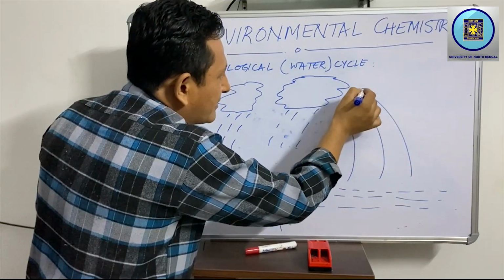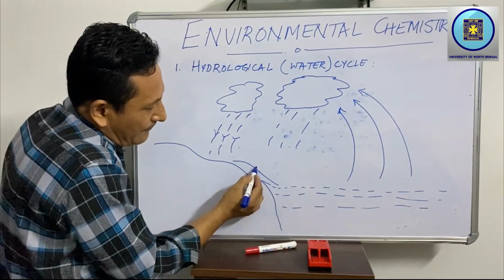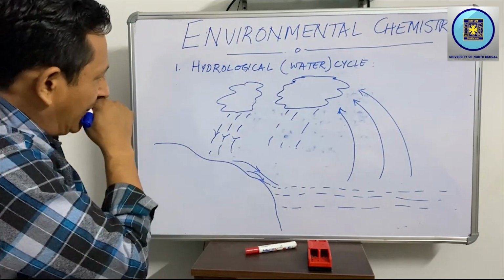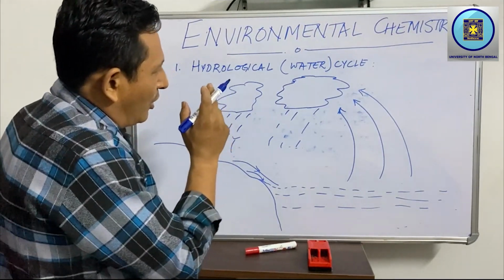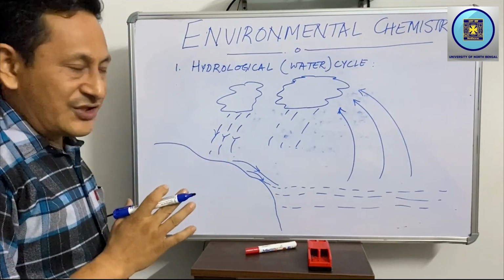This never-ending circulation of water is known as the water cycle. How does the water cycle occur? It occurs in 4 different stages.